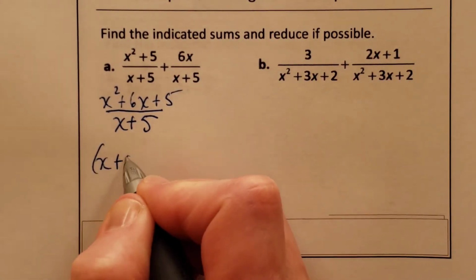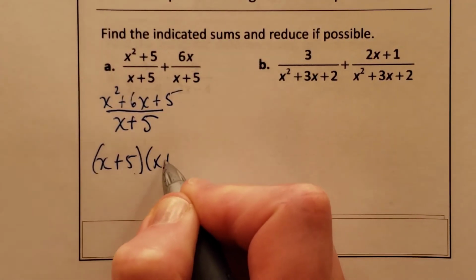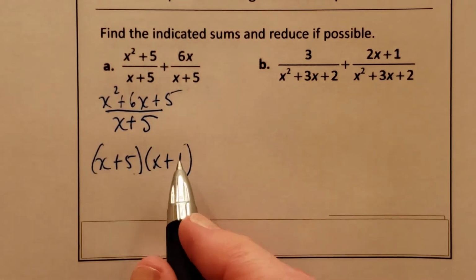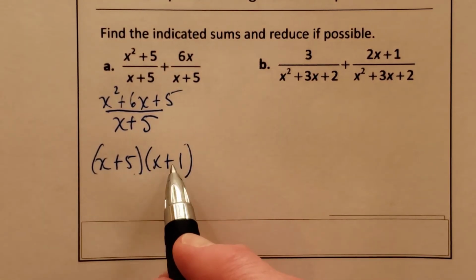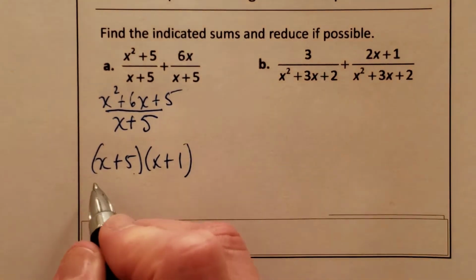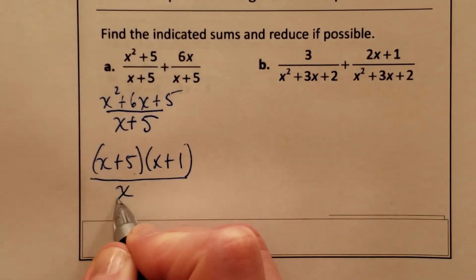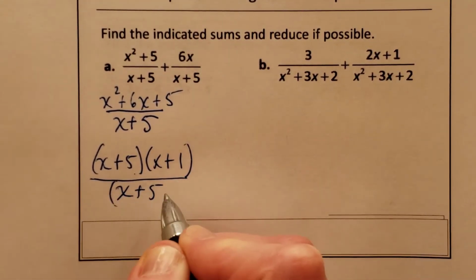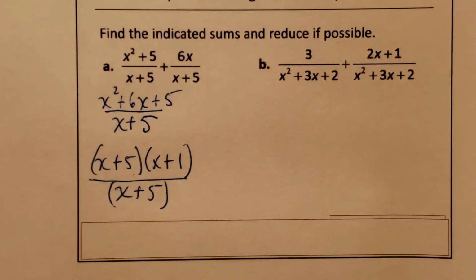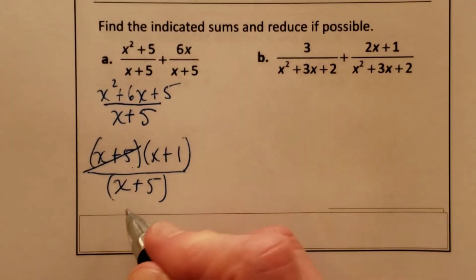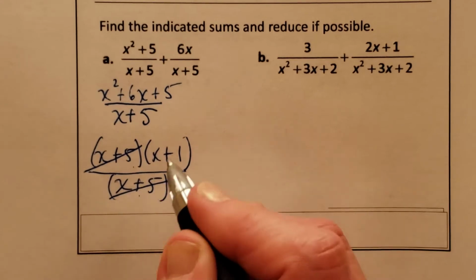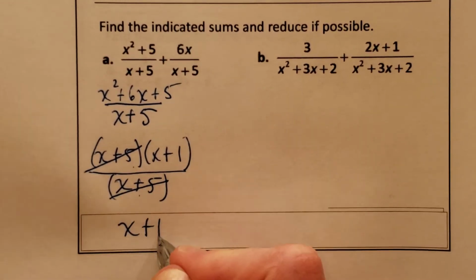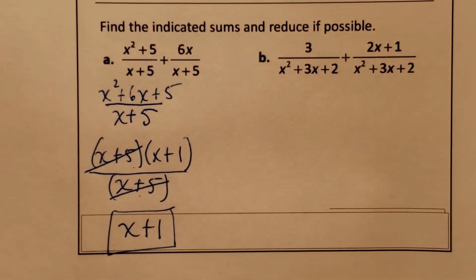That would be positive 5 and positive 1, because 1 times 5 is 5, and 1 plus 5 is 6. My denominator doesn't change. Now I want to see if anything cancels out. These cancel, I get 1, and 1 times x plus 1. My answer is x plus 1.